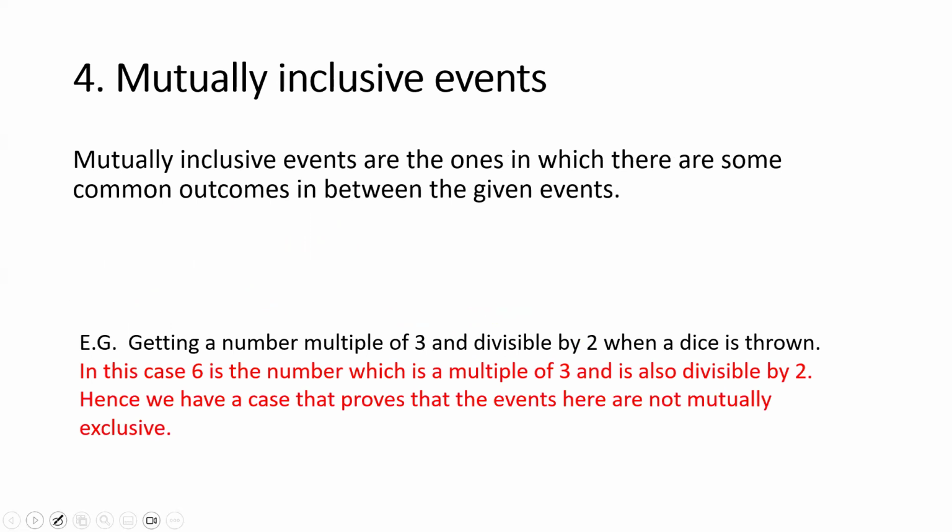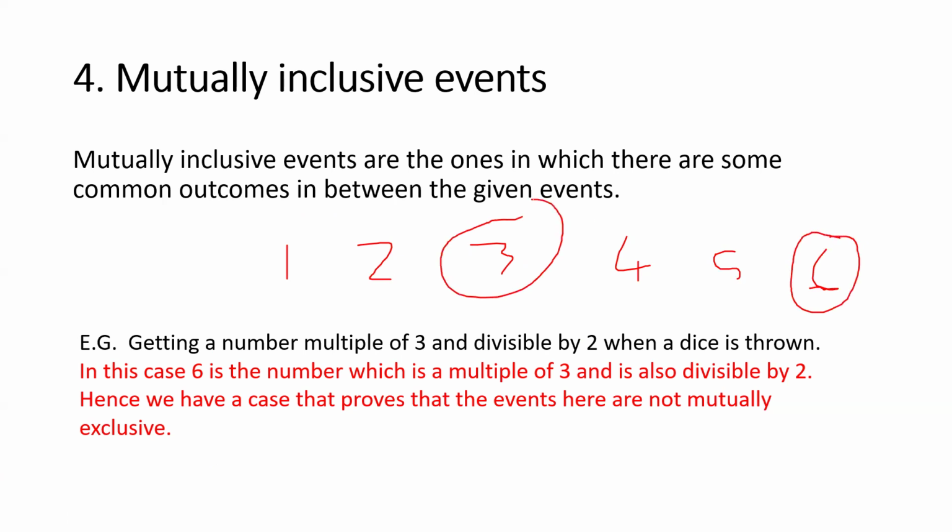Then you have the mutually inclusive events. These are events that can happen at the same time. So, for example, getting a number which is a multiple of 3 and also divisible by 2 when a dice is thrown. So if you look at this, you can see I've got 1, 2, 3, 4, 5, 6. Numbers that are divisible by 3 are 6 and 3.